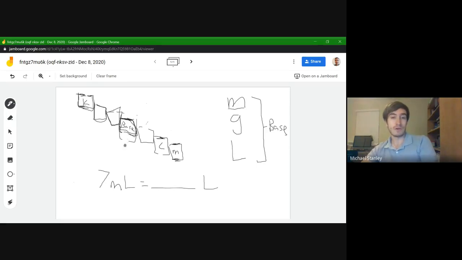Milliliter is our smallest unit. It's down here at the bottom of our ladder. So that's our start. Liter is one of our base units. So it's hanging out here at the base as our ending point. So we're starting at milliliter. We're going to liter.